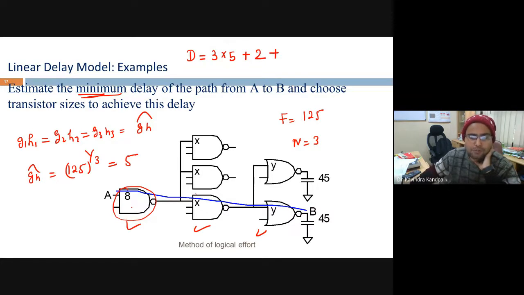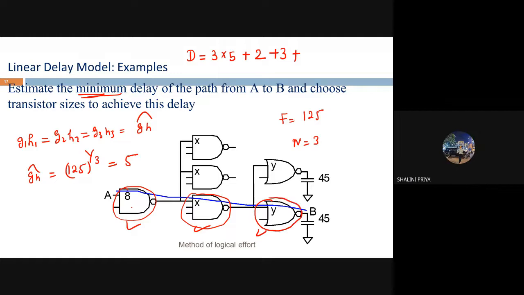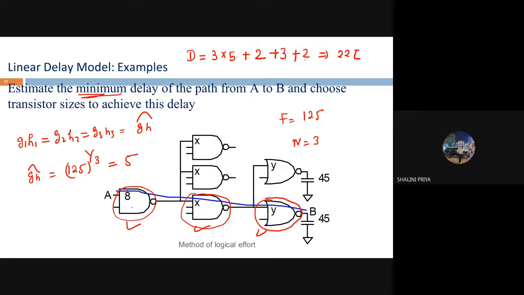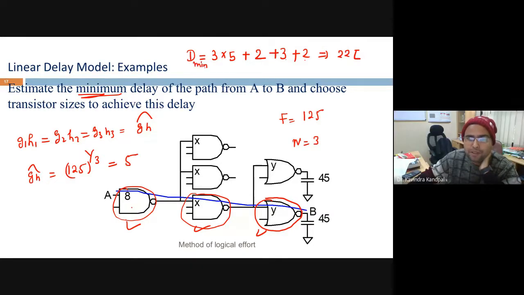What is the parasitic delay of the 3-input NAND gate? 3. What is the parasitic delay of the 2-input NOR gate? 2. That is how much? 7. 15 plus 7, how much? 22 tau. This is going to be our minimum delay.